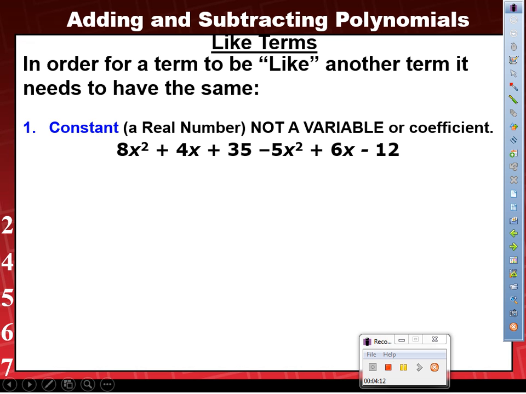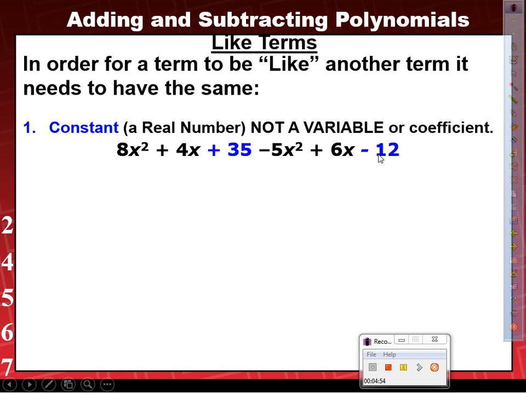So check this out. I heard 35, yes? And I heard 12, but from now on, whenever you have a subtraction like this, I want you to include it with that number so it can become a negative. So the constants are 35 and negative 12.